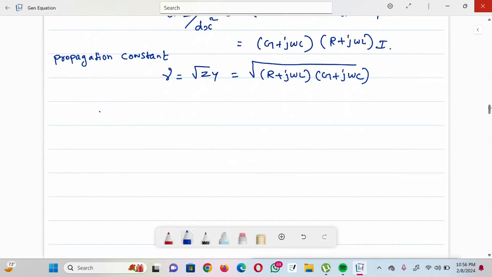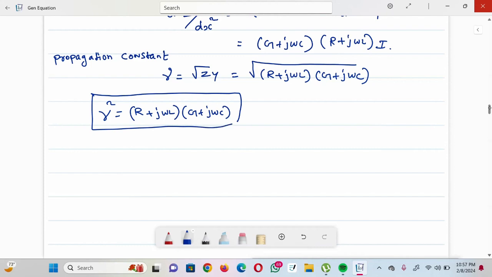So gamma equals root of (R plus j omega L)(G plus j omega C). If you square gamma, the root goes away. So gamma squared equals (R plus j omega L) in the bracket, (G plus j omega C) within the bracket. This also counts as another new equation.